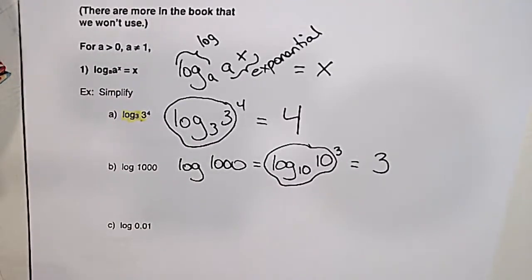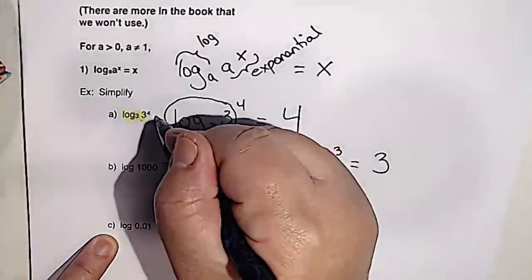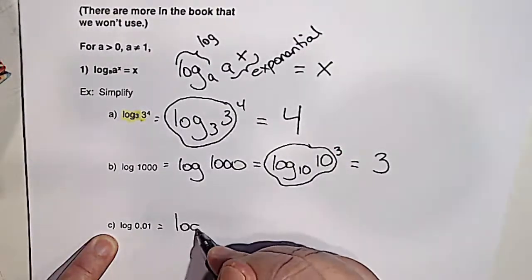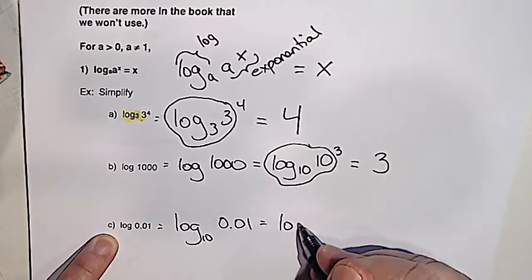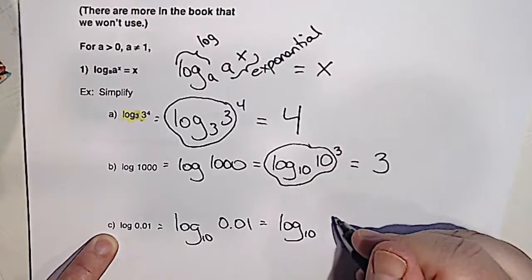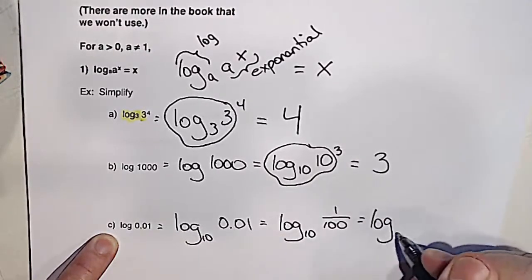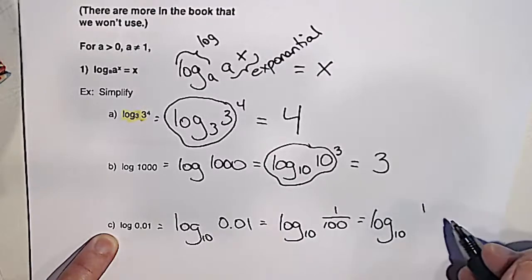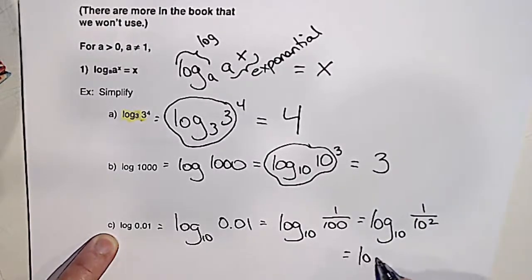Okay, same thing. I've got another common log: log base 10 of 0.01. That's log base 10 of 1/100th, which is log base 10 of 1/10 squared, which is log base 10 of 10 to the negative 2.